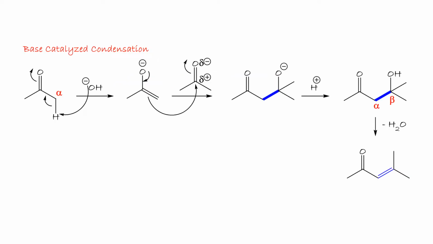We can perform this reaction under base-catalyzed condition, so the base removes a proton from the alpha carbon of the carbonyl, the alpha proton here, to form enolates. The enolate attacks the carbonyl carbon electrophilic center, followed by protonation to give a beta hydroxy carbonyl.